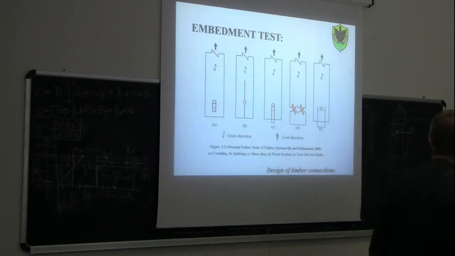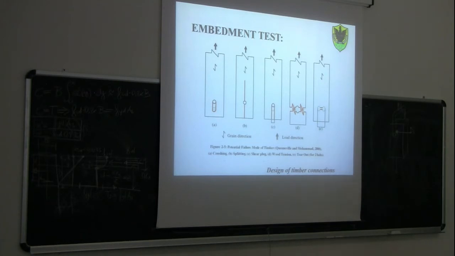Now, what kind of failure can occur on our specimen? We have a specimen, campione, where we have wood and a steel dowel. How can this specimen fail? You can see here all the different failure modes. The first failure mode, A, is characterized by a plasticization of the wood at the interface with the steel.